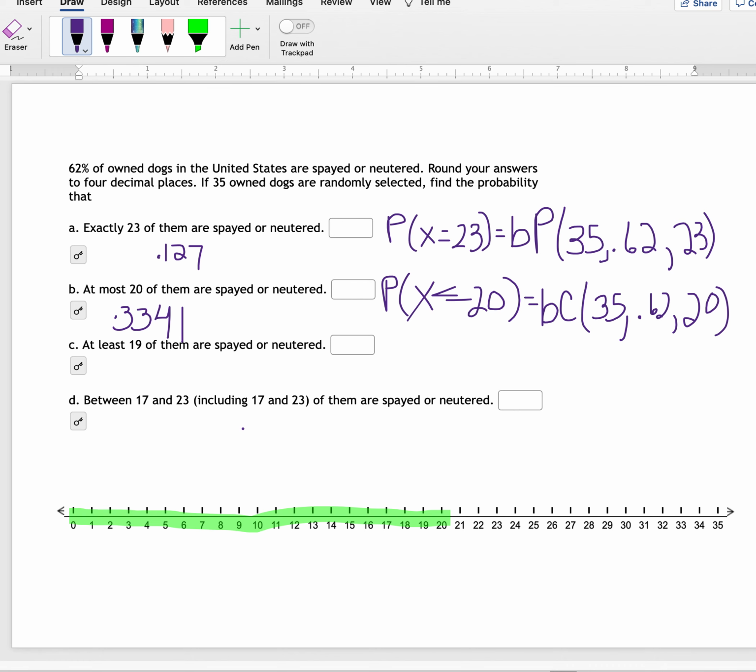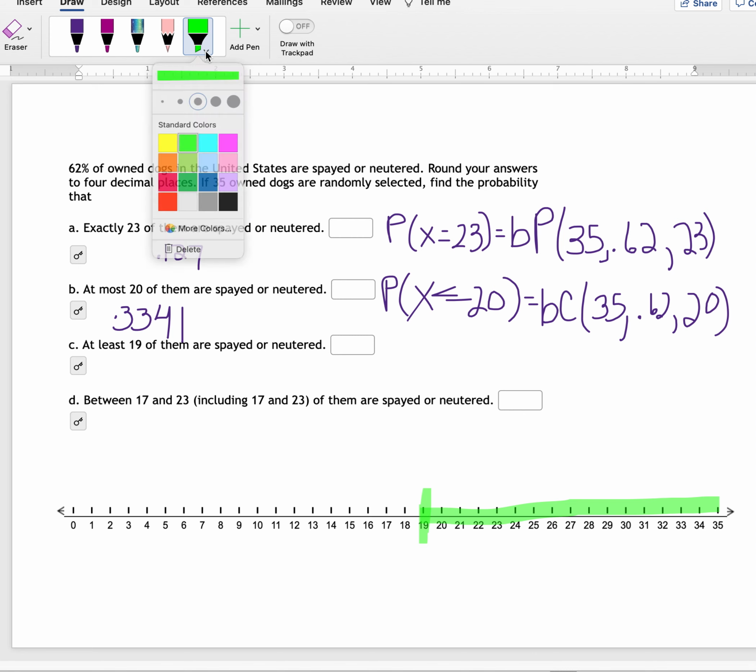Okay, now the next one, let me erase my number line here. The next one says at least 19 of them are spayed or neutered. So 19 in this case is going to be the lowest value. We want 19 and up. So I'm going to include 19, and it's going to be 19 and up. So here's the part where you have to subtract off what you don't want.